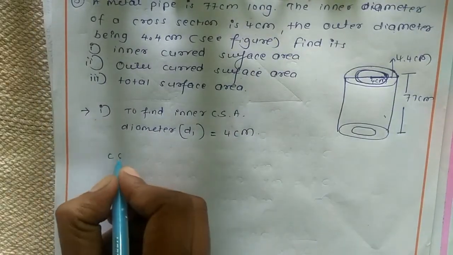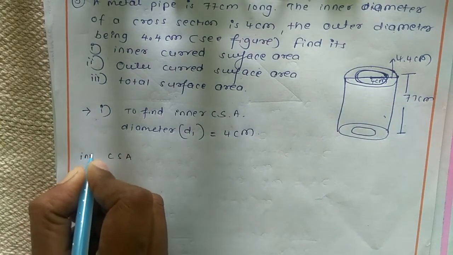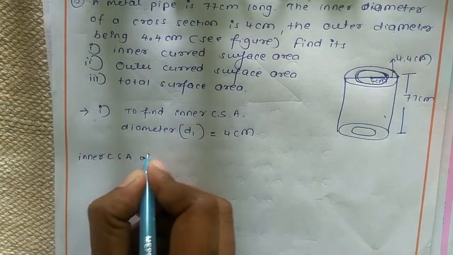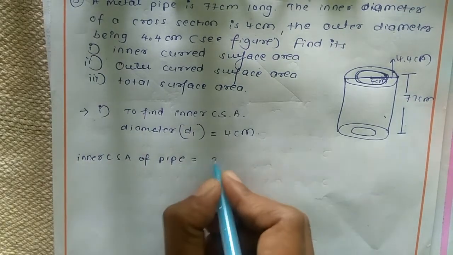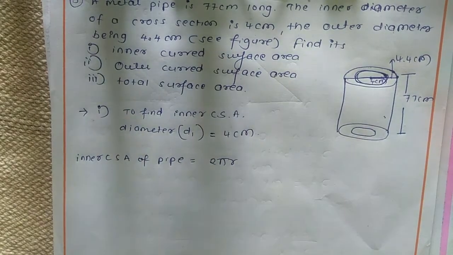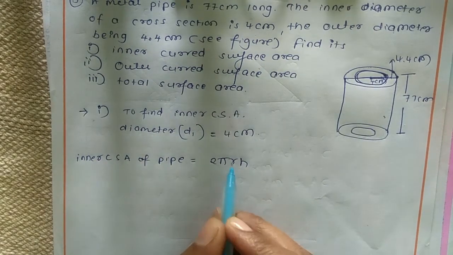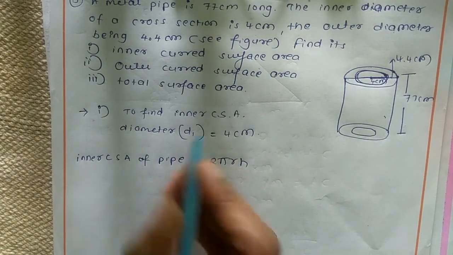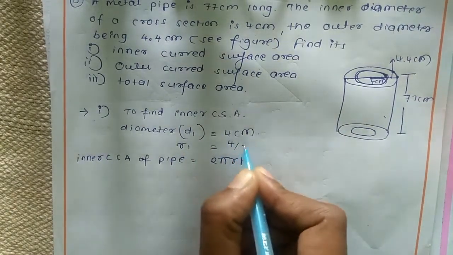Then CSA, that is inner curved surface area, inner CSA of pipe. So the formula is 2 pi r h. So we need to find out r here. Diameter we have taken D1, so r we will take as r1, that is 4 by 2, that is 2 centimeter.